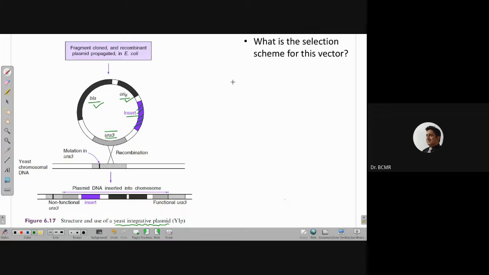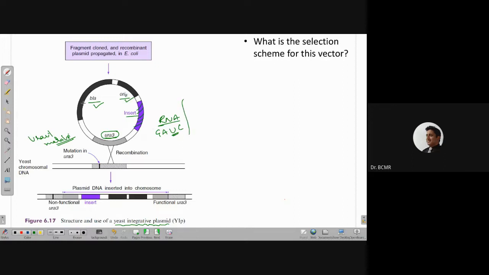So we have URA3, which is useful in uracil metabolism or synthesis. Uracil is important as a part of RNA, right? RNA has G, A, U, C, uracil instead of thymine.